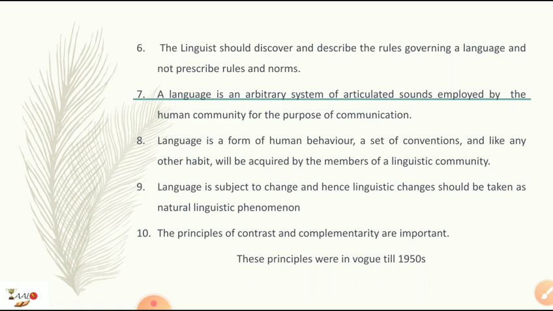An example would be when you say that a person lives in a hut. Now we were talking about contrast and complementarity at the level of phonemes. Now at the level of words, or at the level of morphemes, then again there exists contrast or complementarity in structuralism as such.